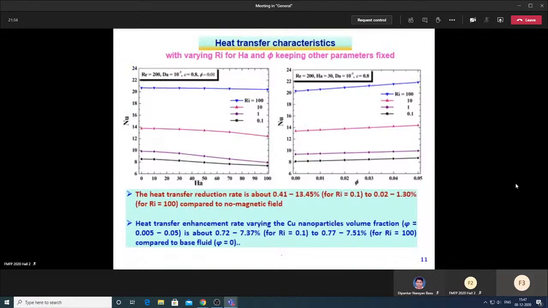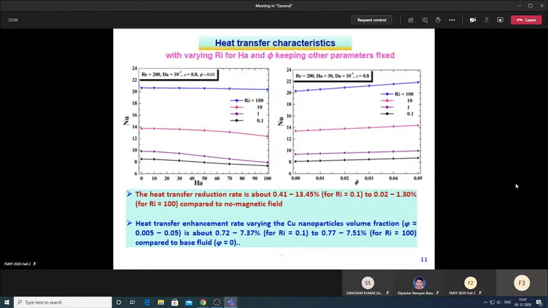Heat transfer characteristic features with varying Richardson number, with Hartmann number and nanofluid particles. Here, with the increment of the Hartmann number, the Nusselt value decreases, and with the increment of nanofluid particles, the heat transfer characteristic, meaning the Nusselt value, increases.